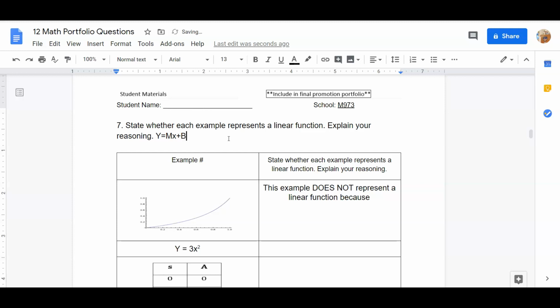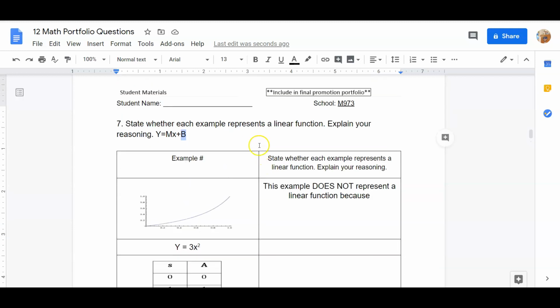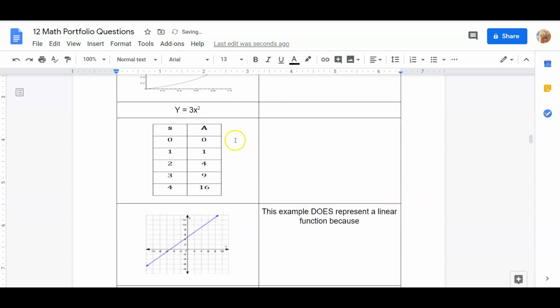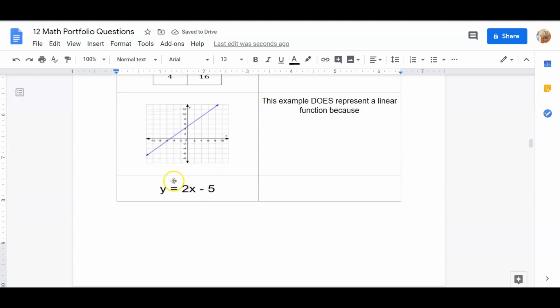Meaning it should be y equals a number times x, plus or minus another number. Or the slope times x plus or minus the y-intercept. And that's called slope-intercept form.